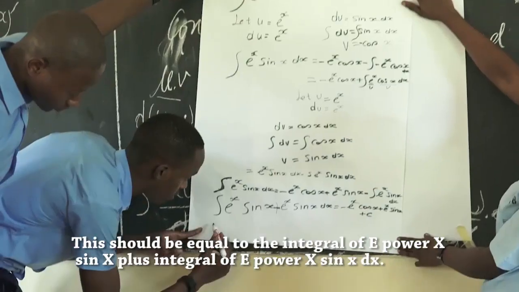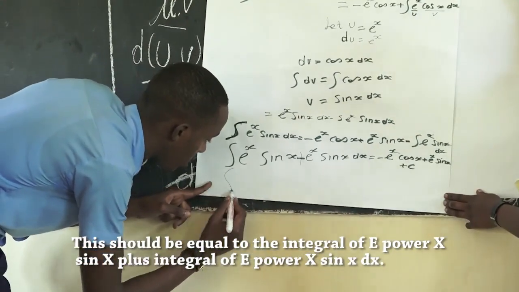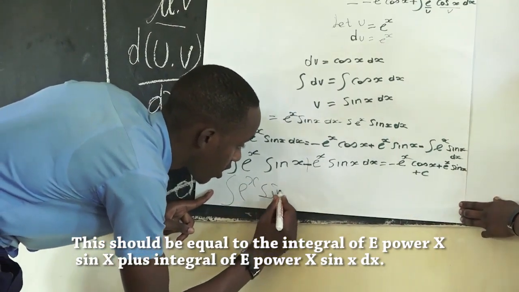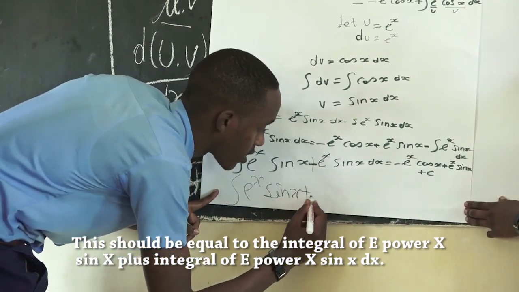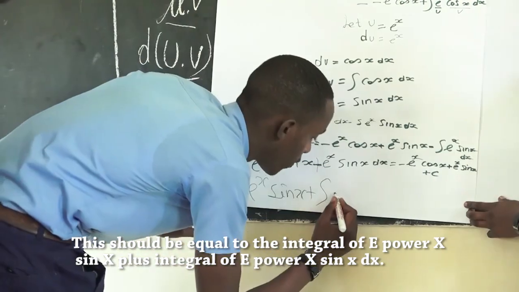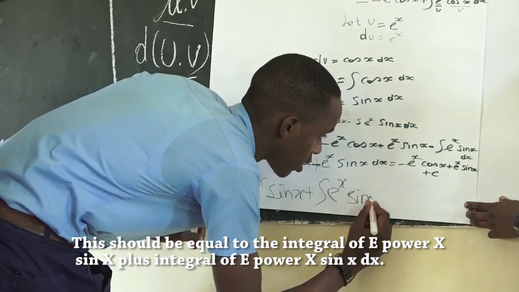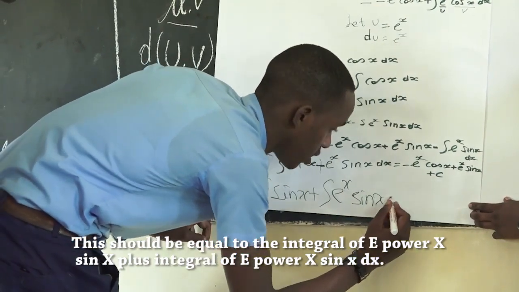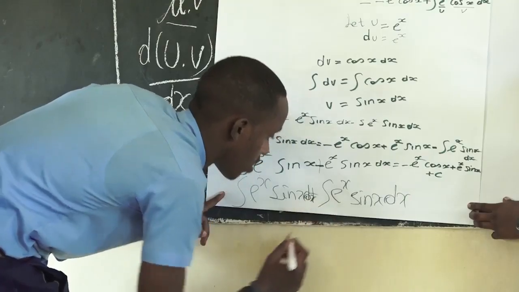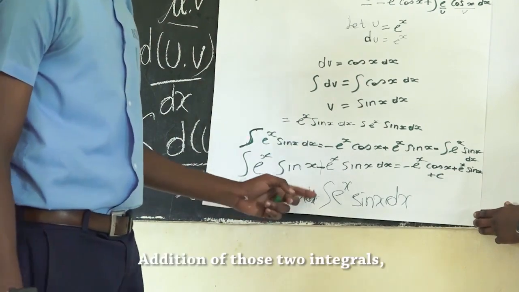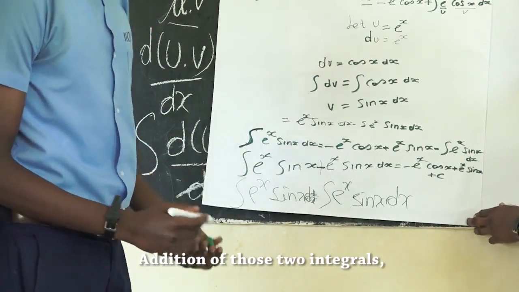This should be equal to the integral of e power x sin x plus the integral of e power x sin x dx. This is the addition of those two integrals.